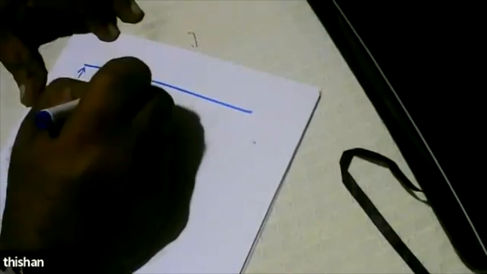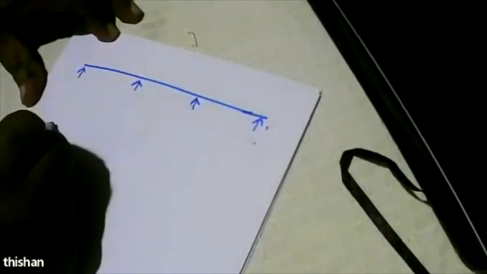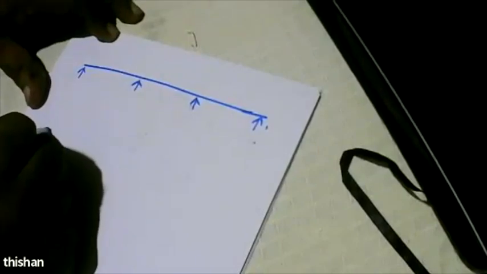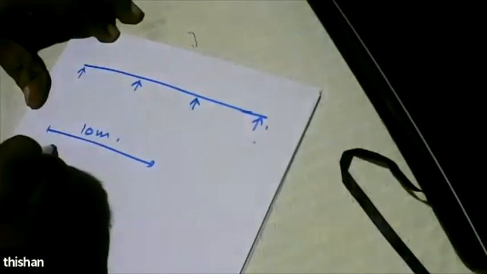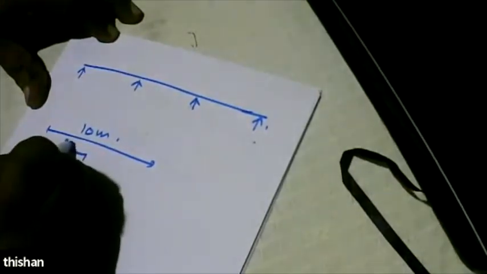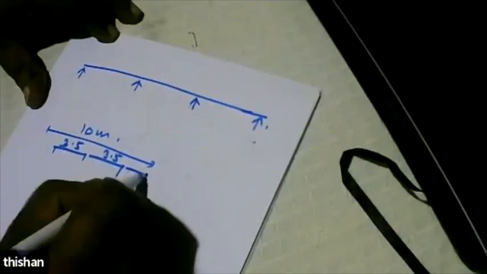What we said was, okay, we have a beam. We have already selected the cross section. How did we select the cross section? Because we know we need 10 meters of flange. Why? Because I am going to have 3 lanes of 3.5 meters each and 1.5 meters for a walkway.